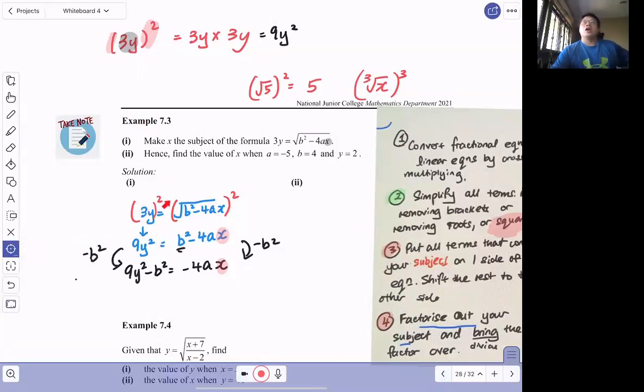Because the operation I'm doing here is that I'm squaring the left-hand side. Why do I square? It's because if your neighbor does something, it will affect you. So I'm squaring both sides, the line in red. I'm doing it to both sides.